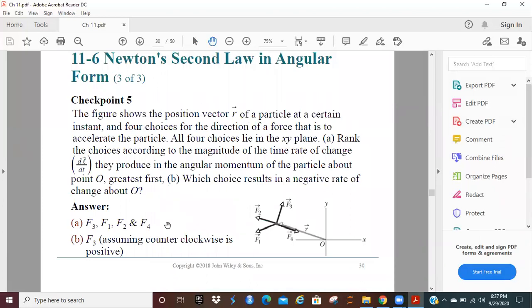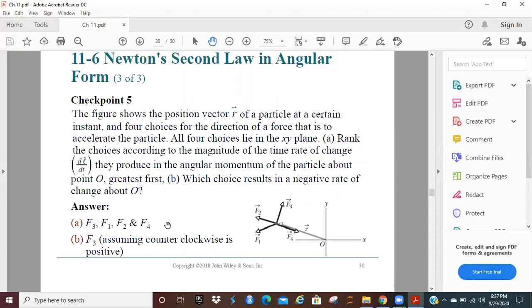So let's take a look at this checkpoint. The figure shows the position vector r of a particle at a certain instant. And you have four choices for the direction of a force that is to accelerate the particle. All of those lie in the xy plane. There's no z vector that goes along with that.